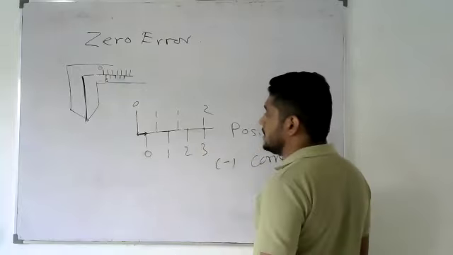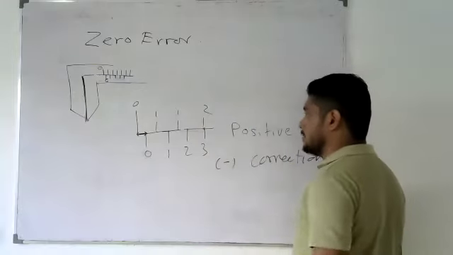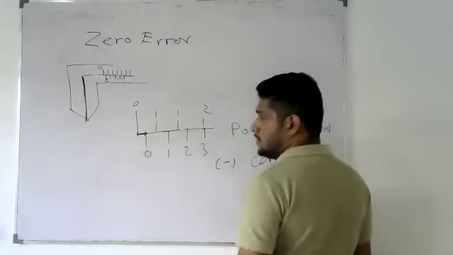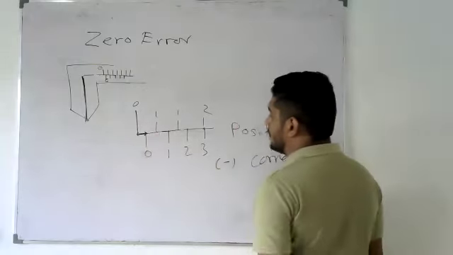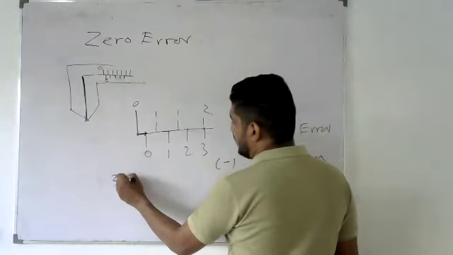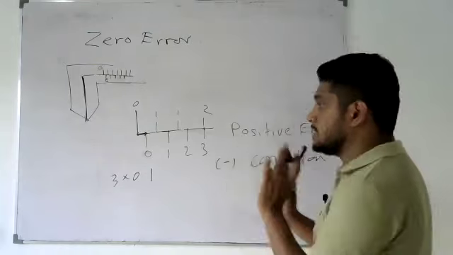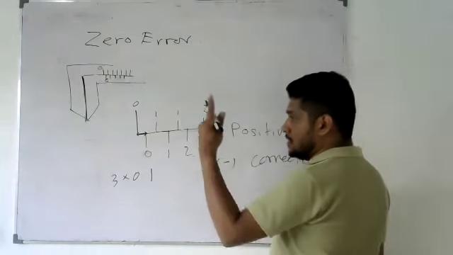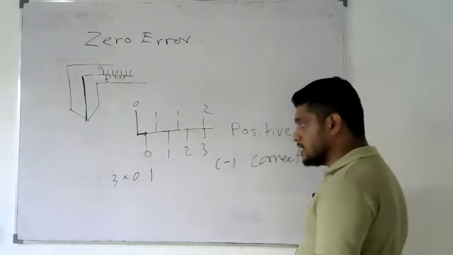Now the third vernier segment is coincided. Main scale reading zero. So just it is 3 into 0.1. The least count is 0.1 millimeter.